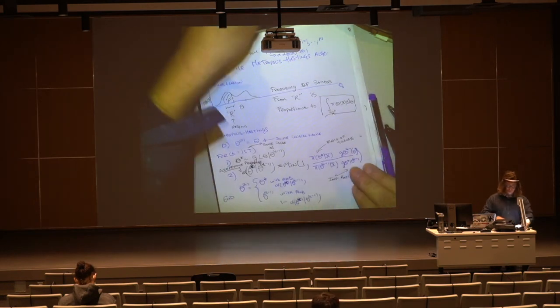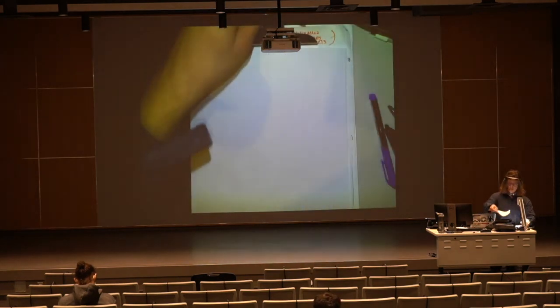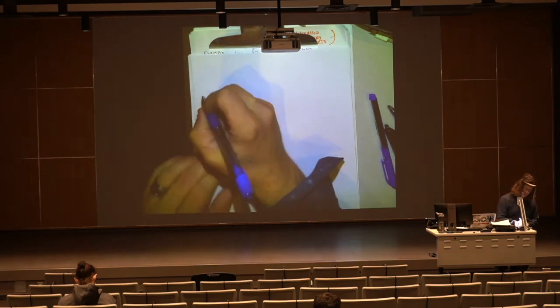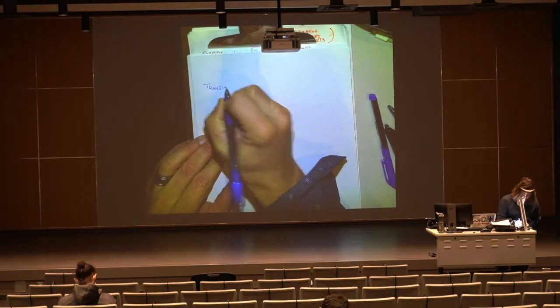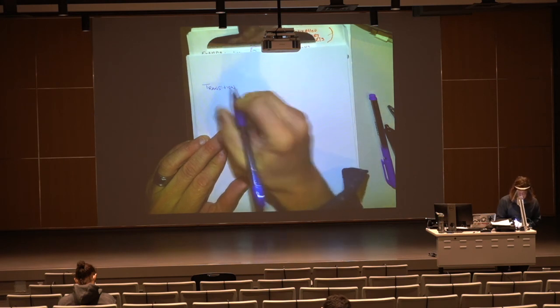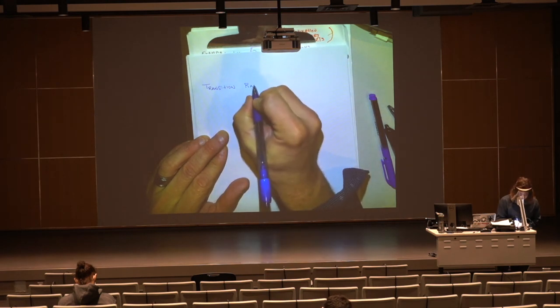I want to think about this concept really quickly, the transition probability. I'm going to call this the transition rate.